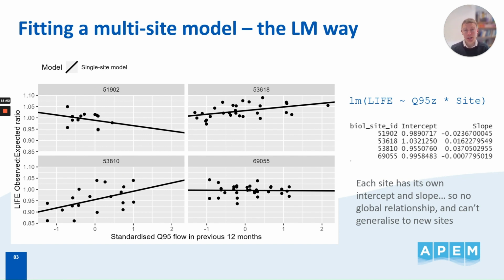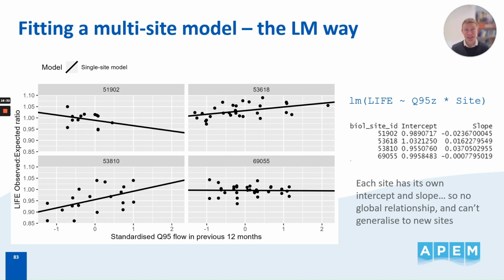Now, we could fit a linear regression model to this data set using the formula that you can see on screen here. So we could fit an LM model where we're seeking to model the response of life as a function of the standardized Q95 statistics. And here we include an interaction with site. So we're telling the model that the data have come from 4 different sites, and essentially we're asking it to describe a separate linear regression line for each of those 4 sites.